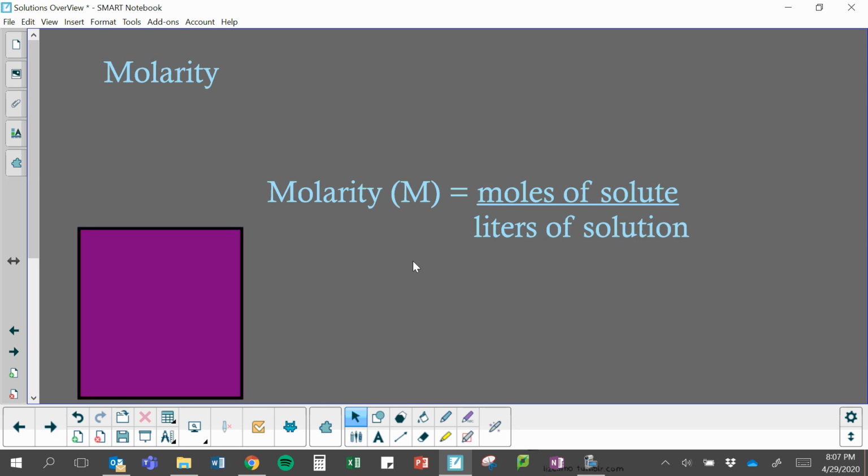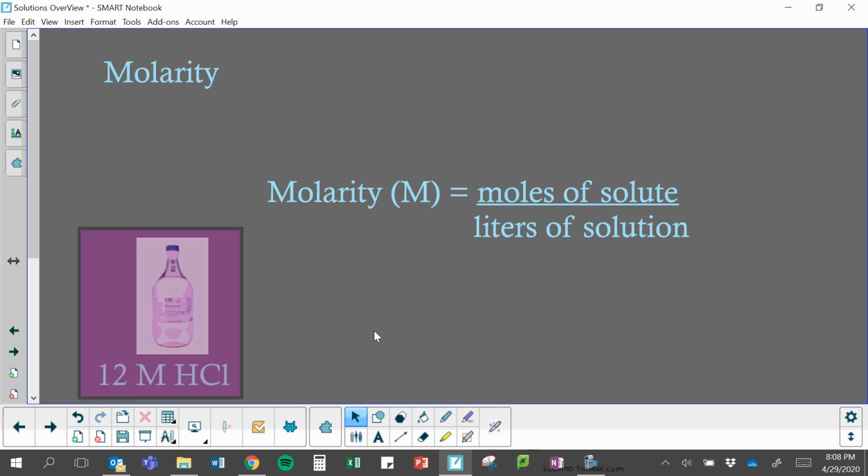Okay, something else that we use to describe solutions is molarity. So molarity is a way we can describe how concentrated a solution is. And so it's a number that we calculate by doing the moles of our solute divided by our liters of our solution.